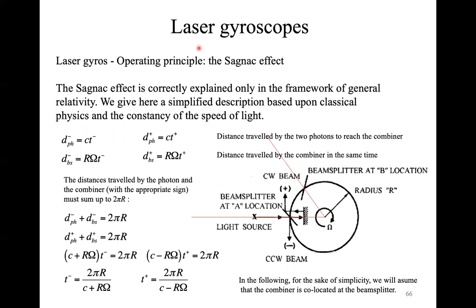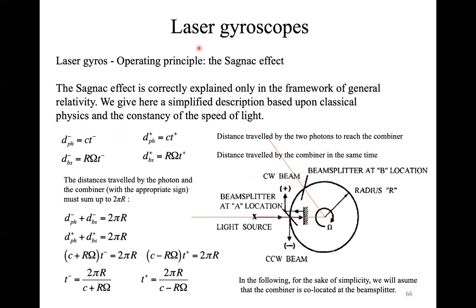Of course, as you know, the test that he did was not helpful for that goal, which was not correct. But the main result of that experiment was demonstrating the Sagnac effect.